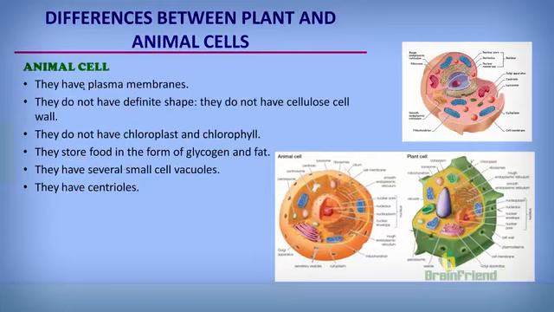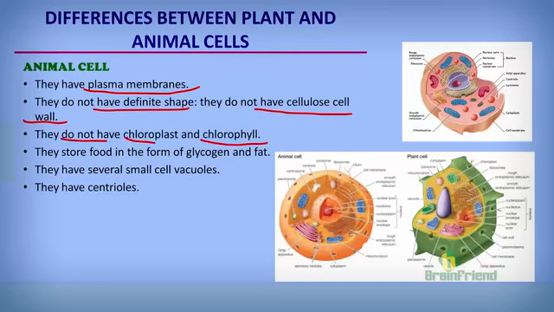Animal cells have plasma membranes. Animal cells do not have a definite shape because they do not have the cellulose cell wall. Remember, the cellulose cell wall makes plant cells rigid. Animal cells do not have chloroplast and chlorophyll. They do not carry out photosynthesis, so they don't need all of these. Animal cells store food in the form of glycogen and fat.